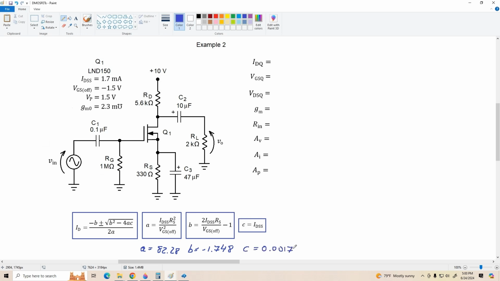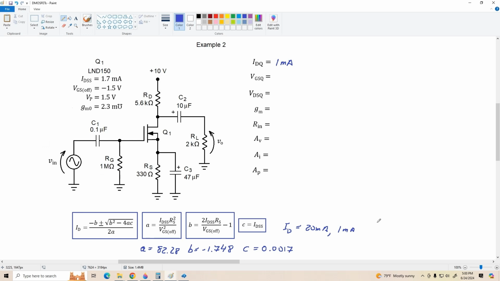And when you grind through all the numbers, you end up with a solution of ID is either 20 milliamps, and it's not that, that's the extraneous solution, or 1 milliamp. And 1 milliamp is the correct solution here. That's subtracting the radical in the quadratic formula. So 1 milliamp would give us a VGSQ of negative ID times RS.